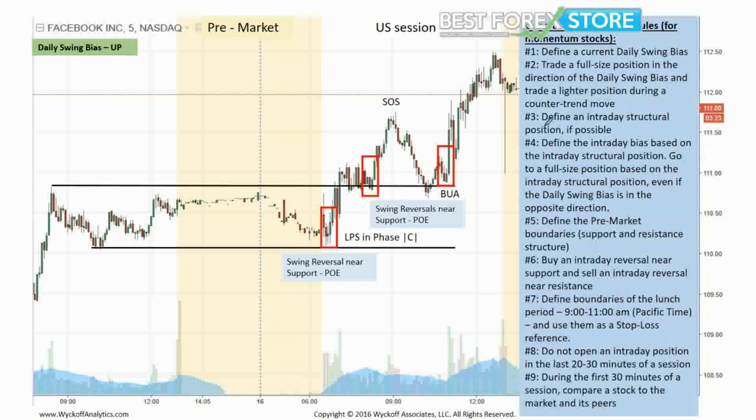But you also can define an intraday structural position, and you can develop an intraday bias based on that intraday structural position. And we've talked with Kiran about that, right? So if we have, let's say, this structure right here, and I know that this is a sign of weakness, I'm sorry, a sign of strength.